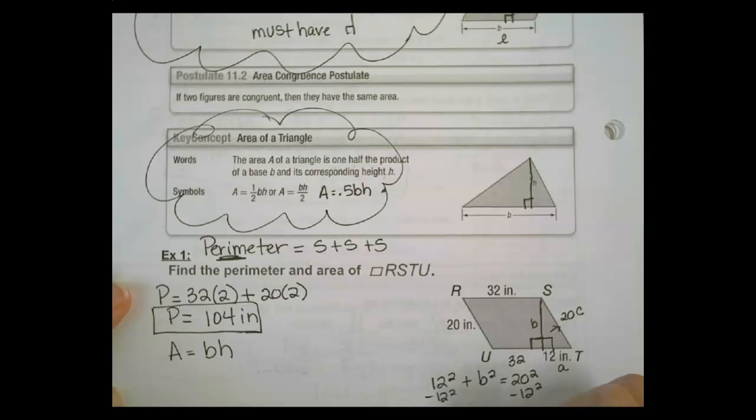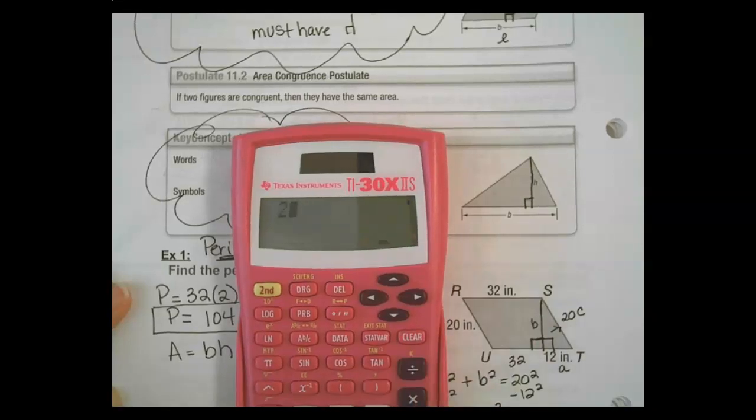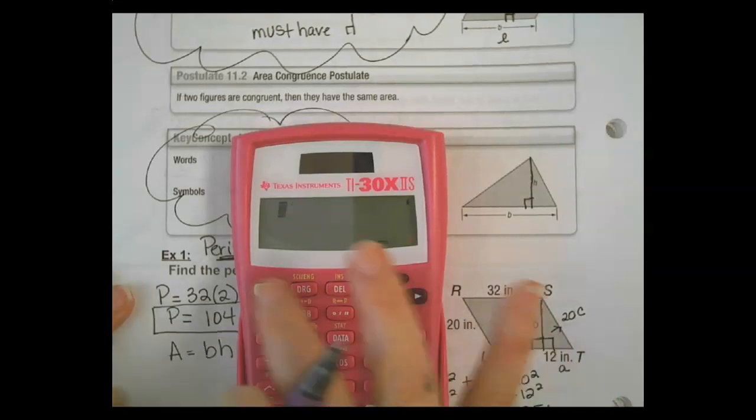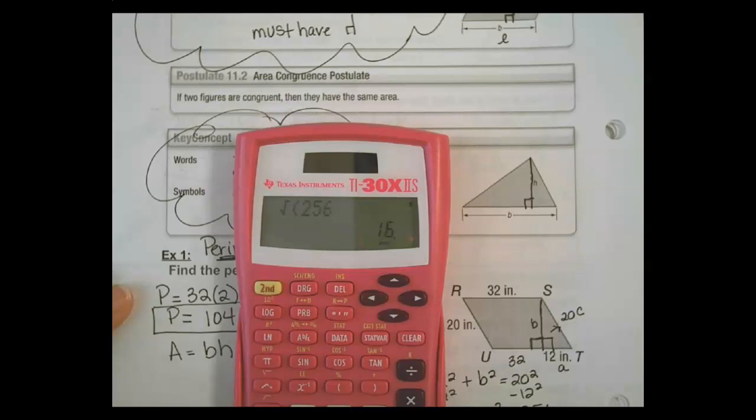As you can see, I'm taking a shortcut. In my calculator, I am going 20 squared minus 12 squared, and that gives me 256. Taking the square root of 256, so clear, second, square root, opposite of squared, 256 is 16. So B equals 16.